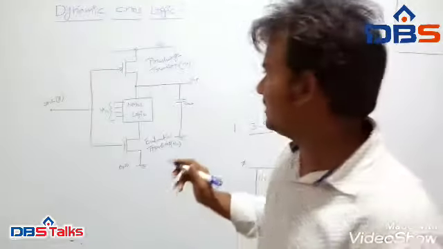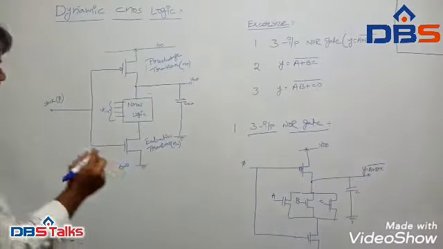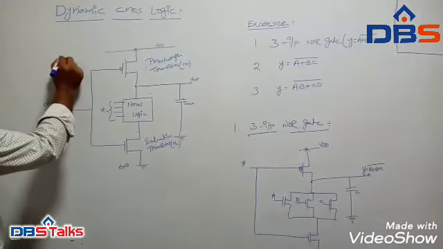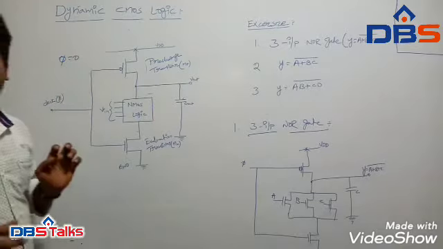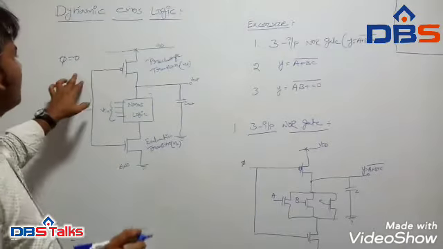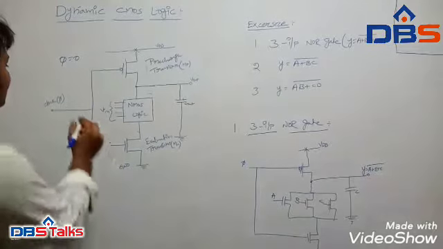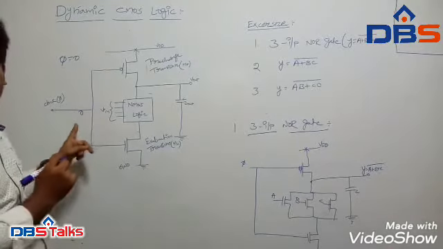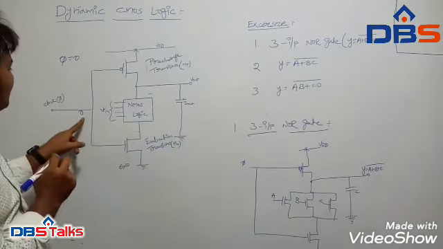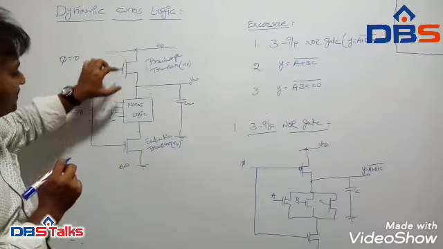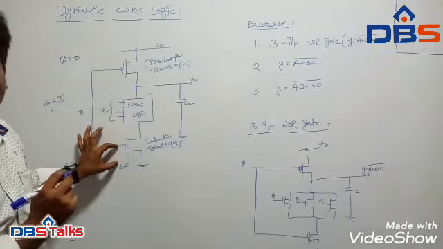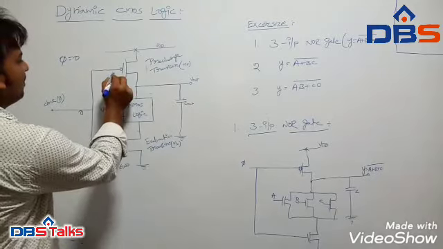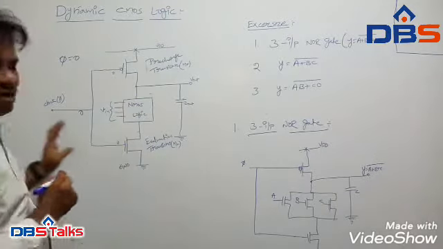So when phi is equal to 0, we apply 0 here, which drives the pre-charge transistor and the evaluation transistor, both at logic 0.